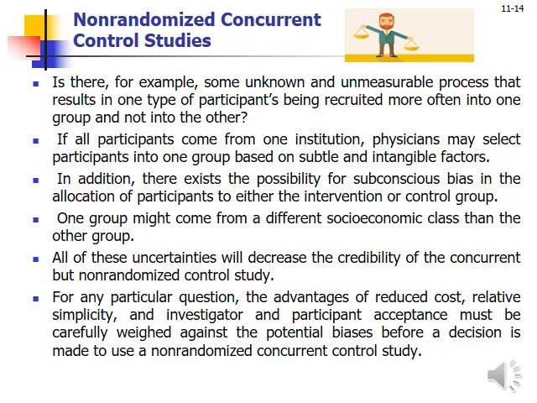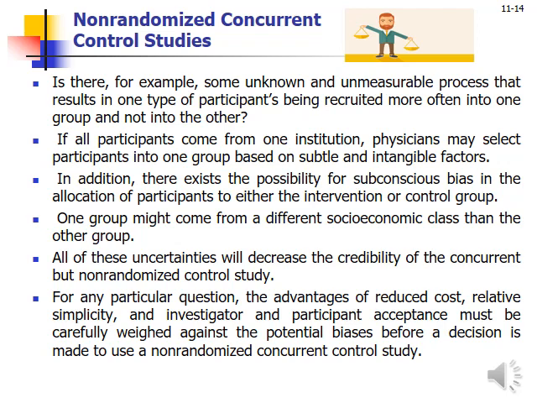There may, for example, be some unknown and unmeasurable process that results in one type of participant being recruited more often into one group and not into the other. If all participants come from one institution, physicians may select participants into one group based on subtle and intangible factors.